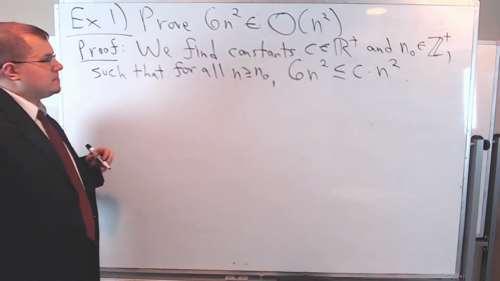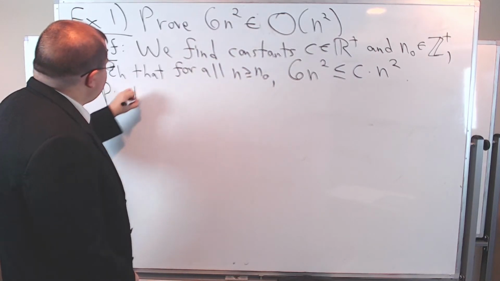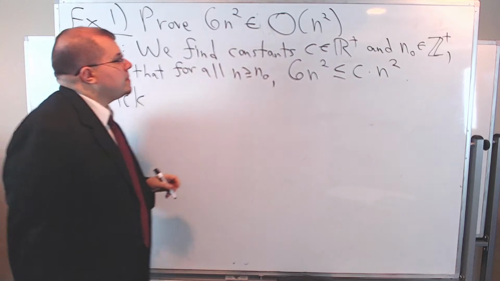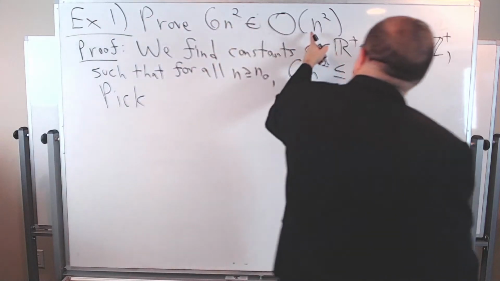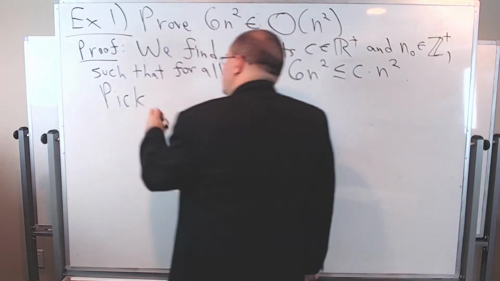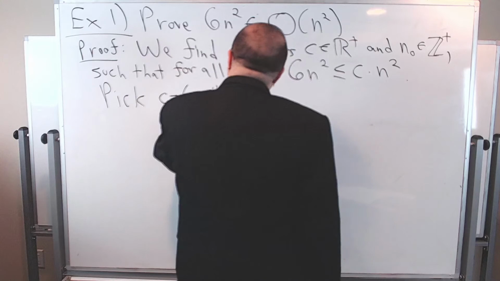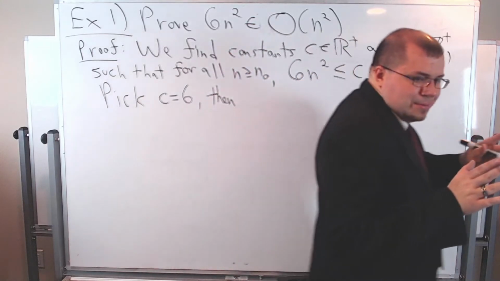Let's think about it. Well, the first thing that comes to mind is that this looks like 6n squared. Why don't I try to make it look like 6n squared? So I'm going to pick c is equal to 6. Then I'm just going to say what I need to do.